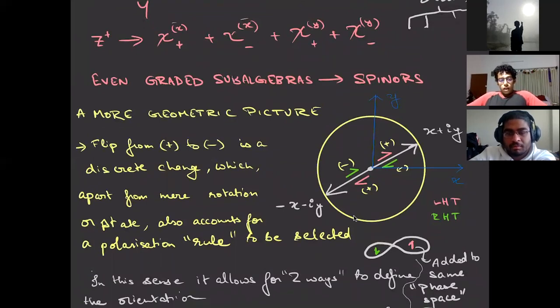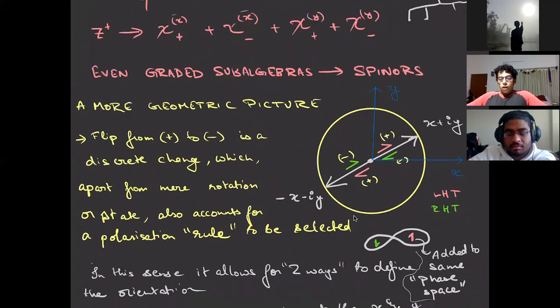So you have your space of x and y coordinates, and if you have a vector x plus iy defined, you can break it down into two possible orientations corresponding to the left hand rule or the right hand rule, right?